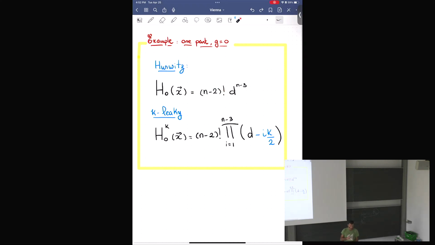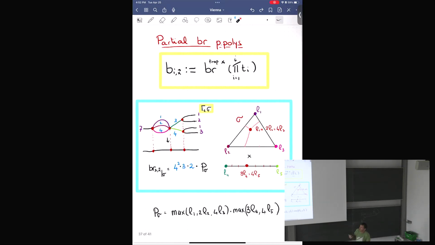But if we do the k-leaky Hurwitz numbers, where we compute the corresponding number over these moduli spaces of meromorphic pluricanonical sections, then we start getting falling factorials. Instead of d, you get a product of (d minus ik over 2) for i from 1 to n minus 3. If nothing else, these are fun things to play with.